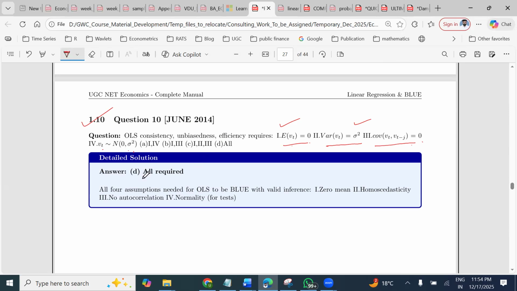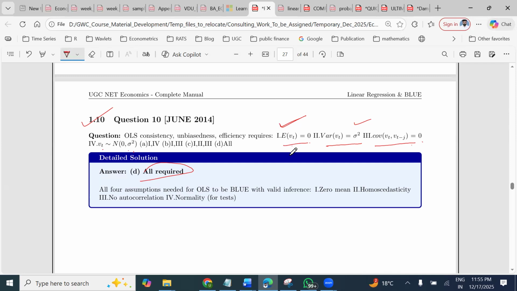Yes, sir. Okay, so what is this? Means in terms of words, can you tell me what this expected value of Vt is equal to 0 means? Sir, actually it is showing the properties. E(Vt) is equal to 0, variance Vt is equal to sigma square.